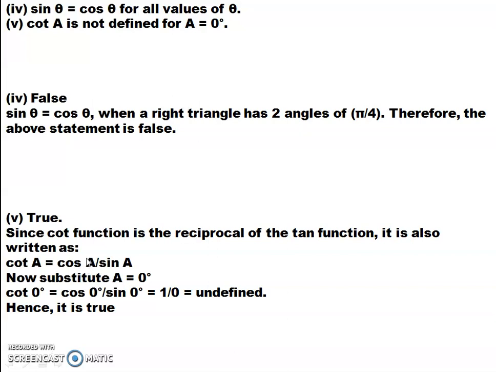Cos 0 is 1. What is sin 0? Sin 0 is 0. So 1 by 0. Any number divided by 0 is not defined. What did I tell you? Any number divided by 0 is not defined. So, cot 0 is not defined.